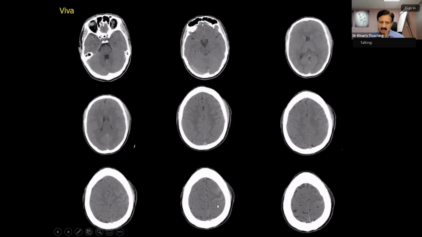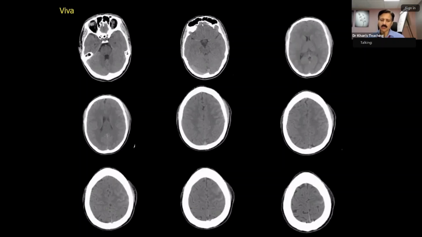Absolutely. Look at the sulcus. That sulcus is not visible here. There is something sitting inside, and it goes all the way up. So look here versus here. There is effacement of the sulci, and there is some high density.